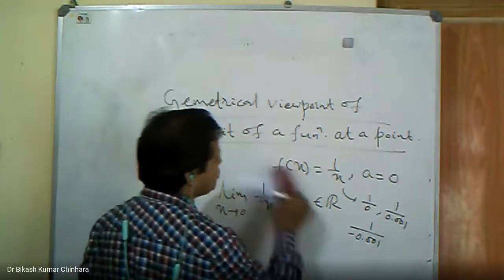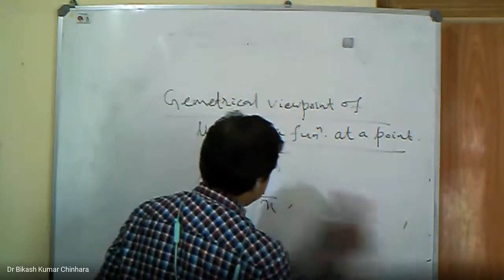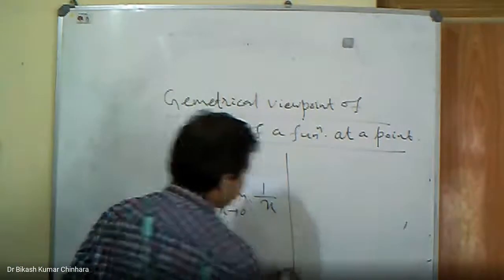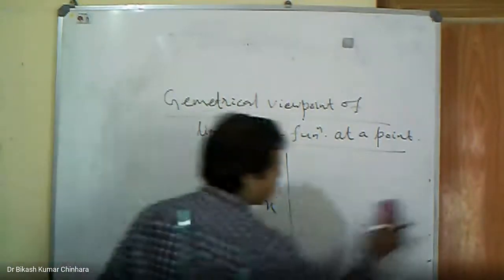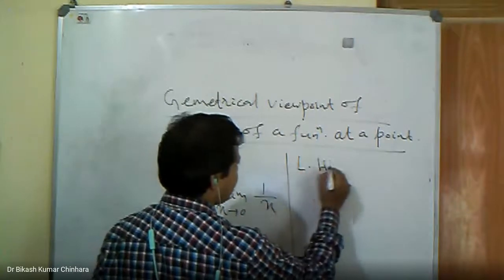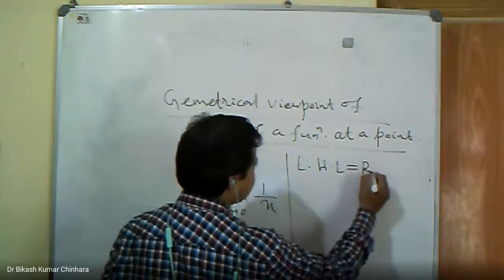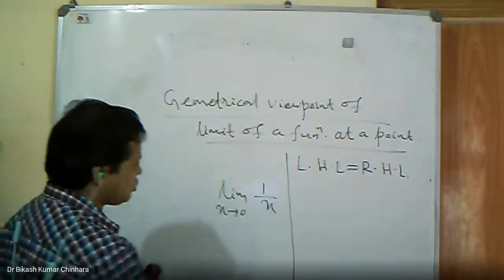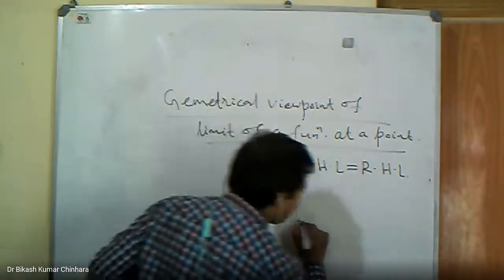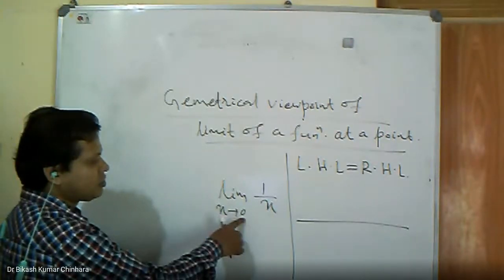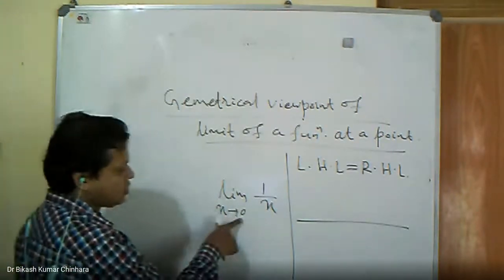So let us see what it represents. In the previous class, we also discussed this fact: if LHL is equal to RHL, then the limit exists. So geometrically, let us first analyze its domain. X is approaching 0.